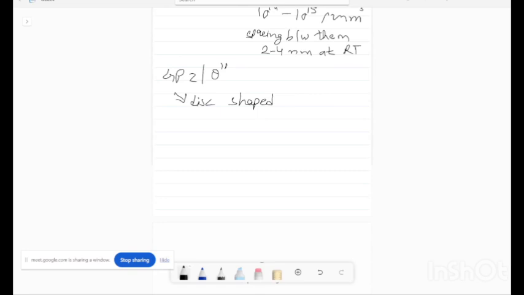So the theta double prime precipitates are disc shaped, and the diameter of these clusters is 30 nanometer. And the thickness is 10 atomic planes, which is 4 nanometer.